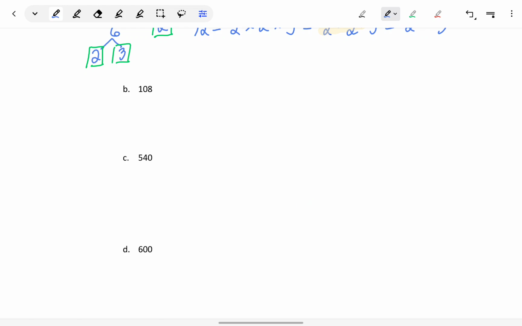So we could do this again for part B with 108, which is an even number, so again divisible by 2. Dividing 108 by 2 would give us 54. 2 is a prime number, so that would be the end of that branch that we would consider. 54 is even, so we could divide it by 2.